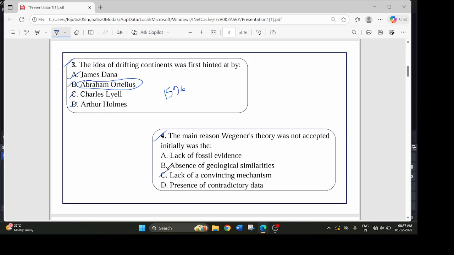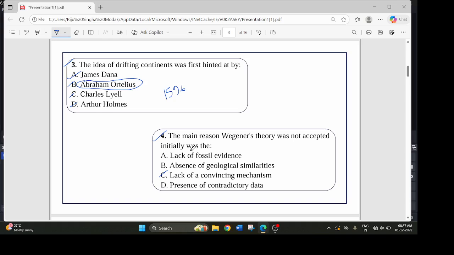Physicists correctly showed these forces were far too weak to move continents, and the scientific community largely rejected the theory. That's why lack of a convincing mechanism is the correct answer.